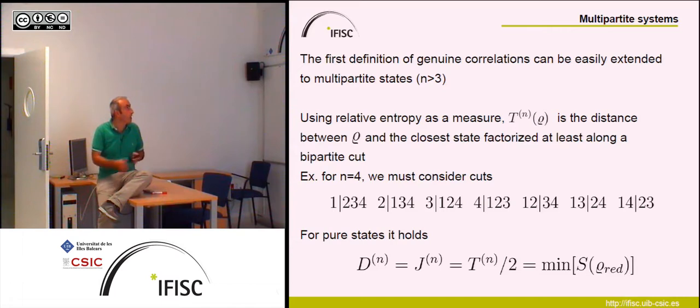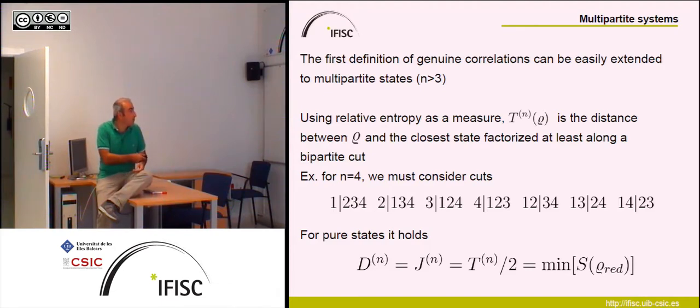So to conclude, I tried to go beyond the case of 3 objects to n, and the first definition based on the relative entropy as a distance can be applied as well. We can define also in a generic case the general correlation as the distance of the initial state from the closest state without n-partite correlation.